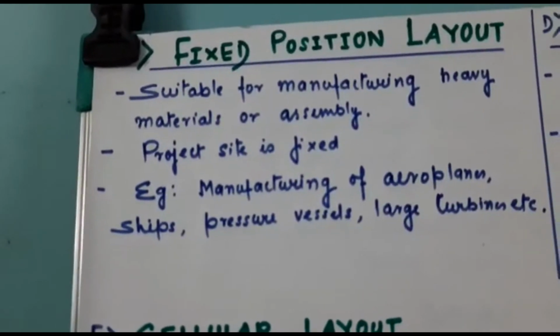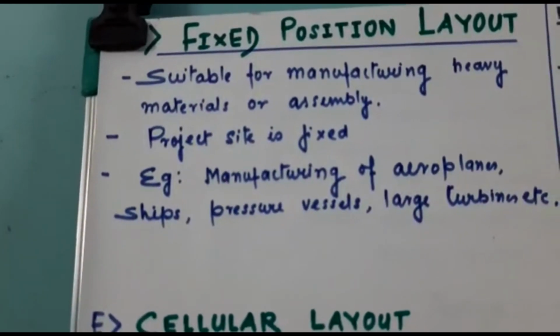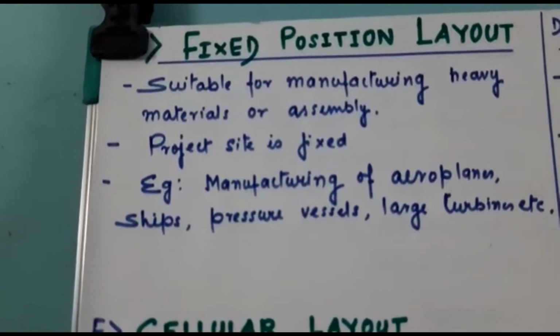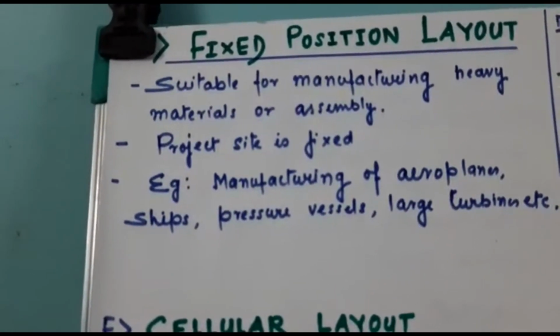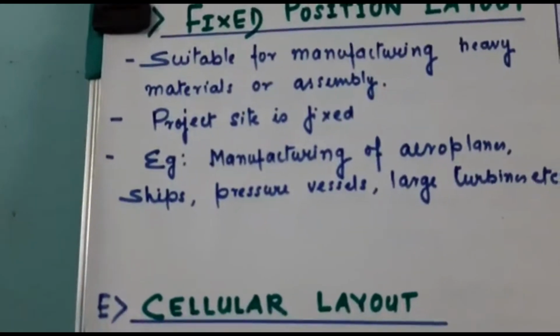So what is being done in fixed position layout, all the materials, man, components and sub-components or other input resources are brought to the project site for the completion of the job.